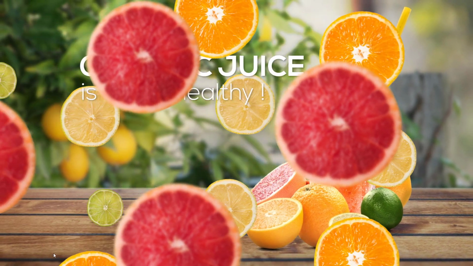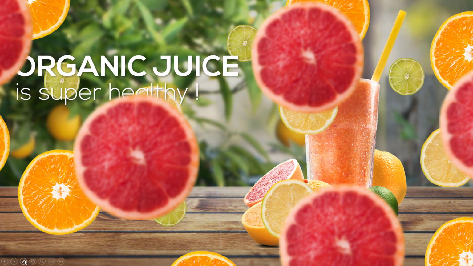So let's see what's happening in these slides. First of all, we have a text floating in from the right. The background image is slowly becoming smaller, and we have layers of fruit floating in, and some of the fruit are actually rotating.